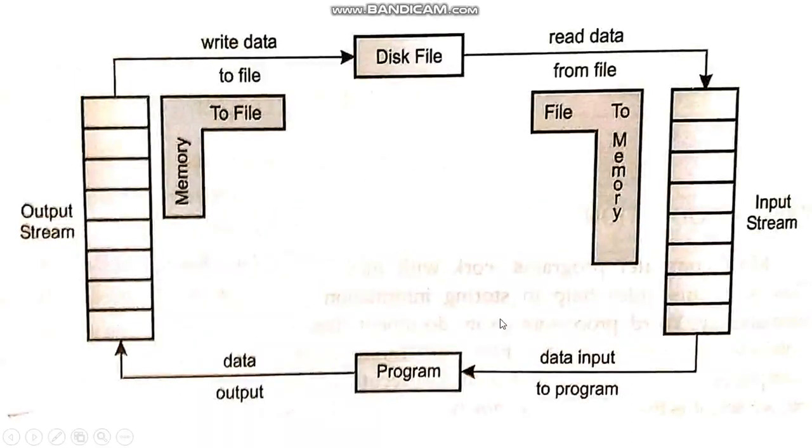The next image clarifies how we can get the data from the disk and put it into the program. With the help of the output stream we can write the data into external files, and with the help of the input stream we can get the data from the external file and use it in our program.